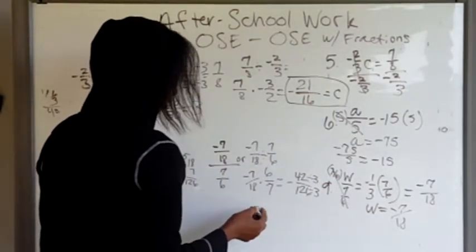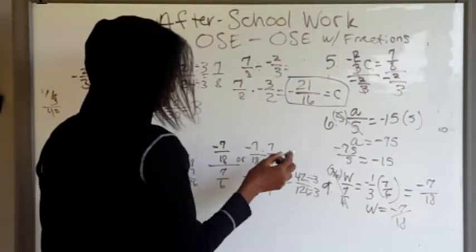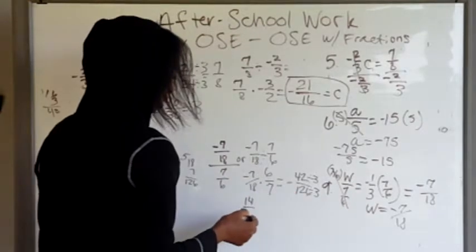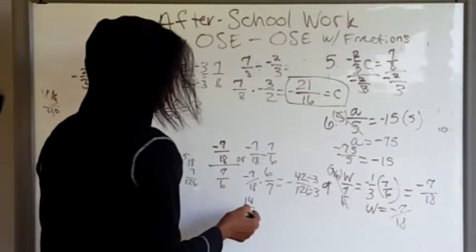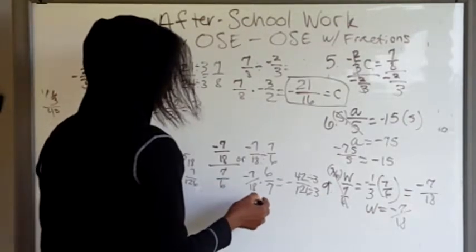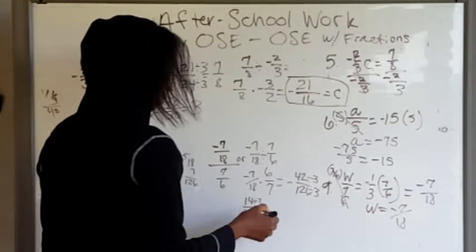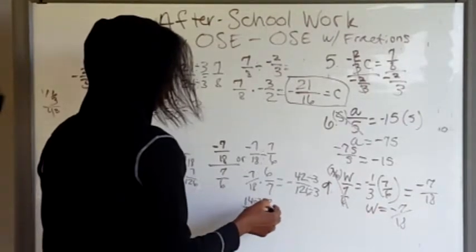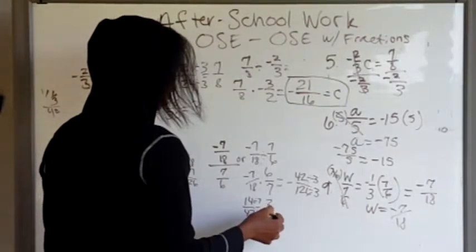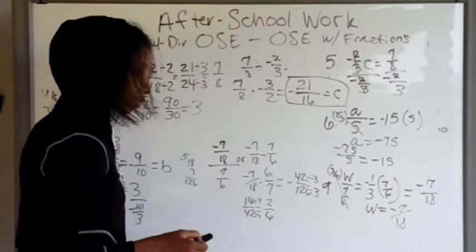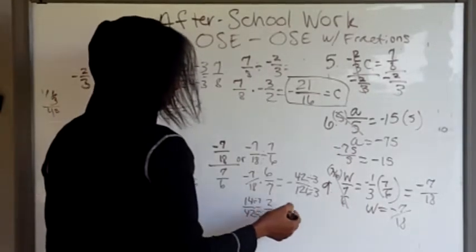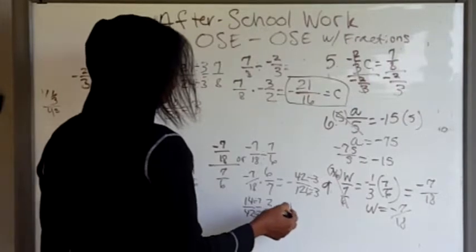So 3 goes into 42 14 times. 3 goes into 126 42 times, and then we divide by 7, and we get 2/6. Then we divide by 2, and we get negative 1/3.